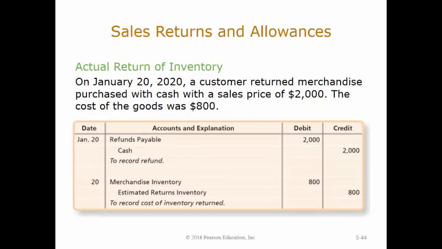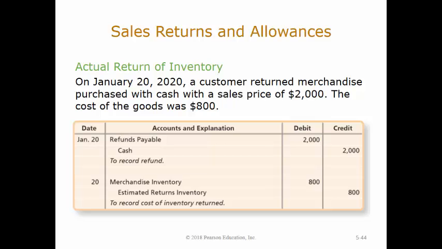When a customer actually returns the inventory, the company will need to record the refund of cash to the customer or credit of accounts receivable, and also the return of merchandise inventory. For example, assume that on January 20th, 2020, a customer returned merchandise purchased with cash with a sales price of $2,000.